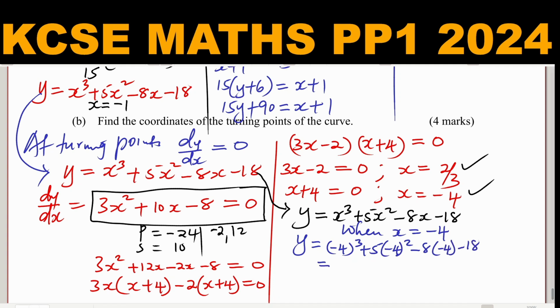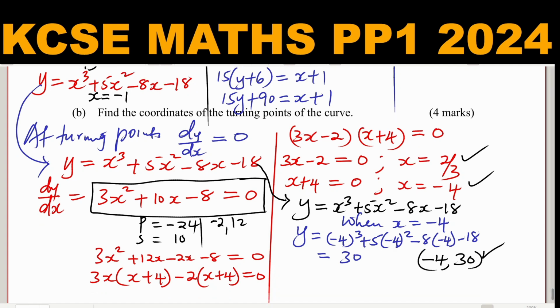Working this out using a calculator, you'll get 30, and therefore the first turning point will be when x is negative 4, y is 30. So that is the first turning point.